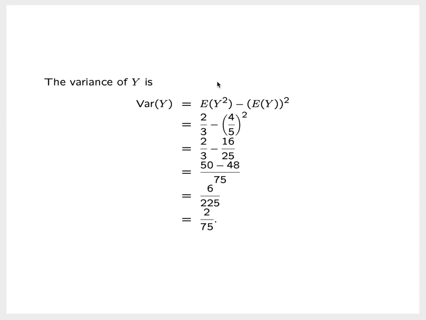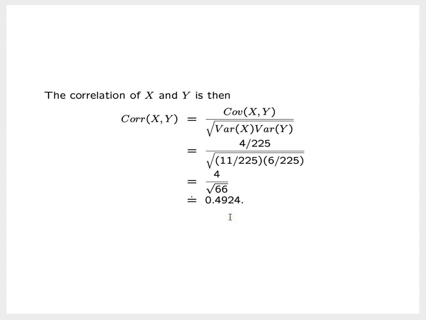So 2/3 minus the square of 4/5, and that turns out to be 2 over 75. And so the correlation between x and y, which is the covariance divided by the square root of the product of the variances, turns out to be 4 over the square root of 66, which to 4 decimal places is 0.4924.